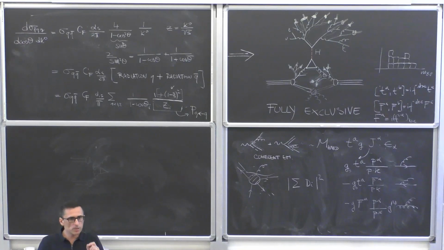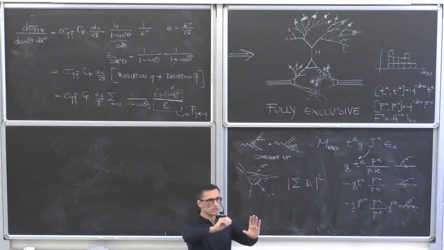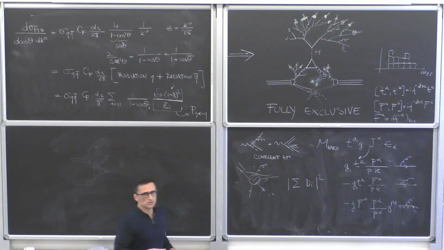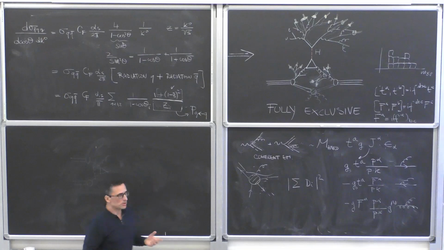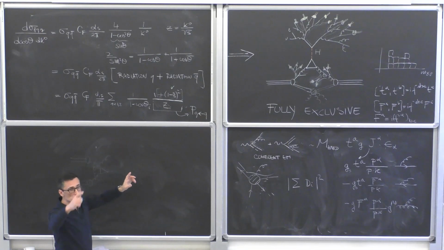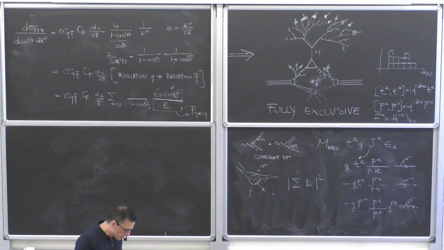Remember, soft radiation is not local. I don't know where it comes from because it's a coherent effect. Collinear radiation, I know where it comes from. I can label it parton by parton. I'm only using the external partons, but I know whether a collinear gluon comes from one parton or the other, because it's labeled. And since it's collinear, I know it's coming from there. So collinear radiation is local.